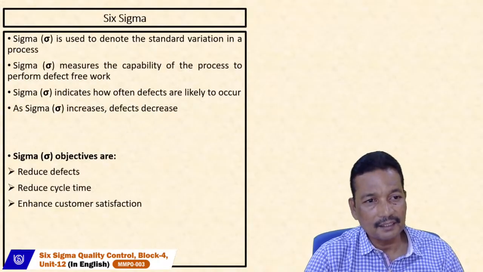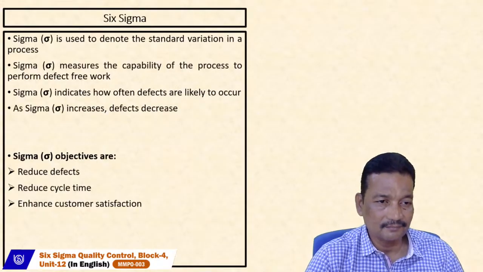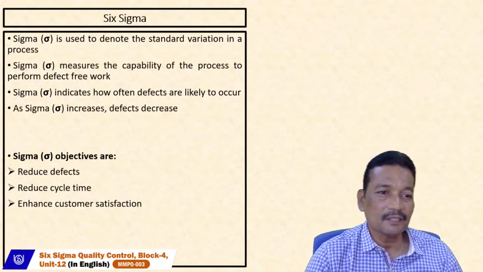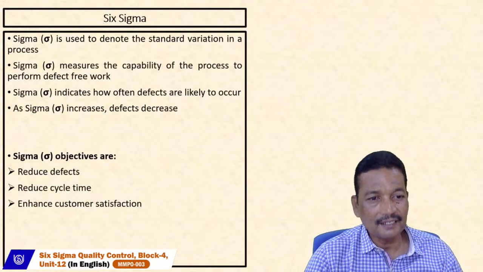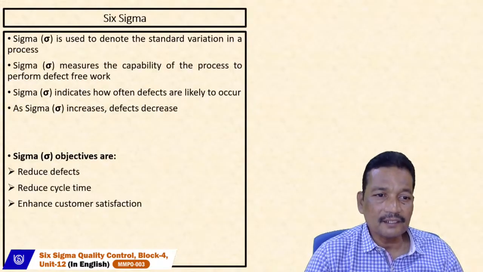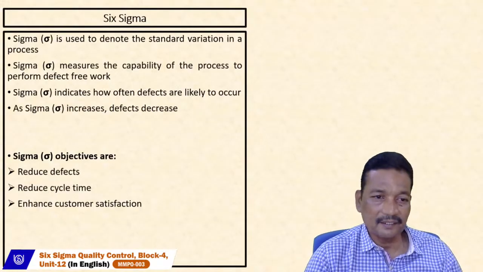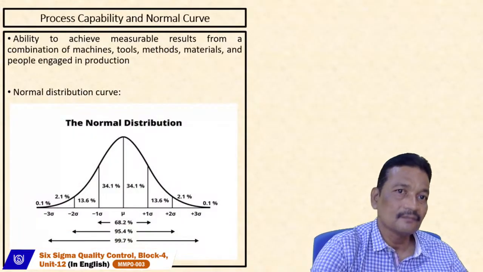So we say as sigma increases, defects decrease. The objectives of this philosophy, Six Sigma, are how to reduce the defects, reduce the cycle time, and ultimately enhance the customer satisfaction.